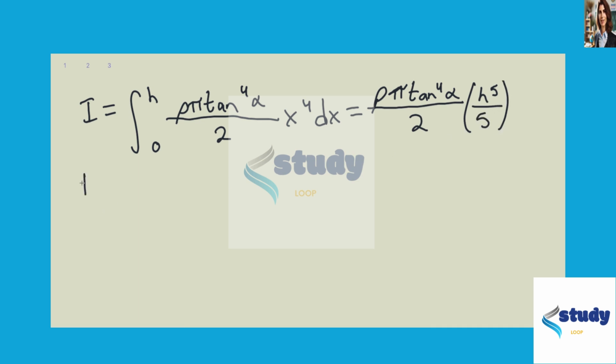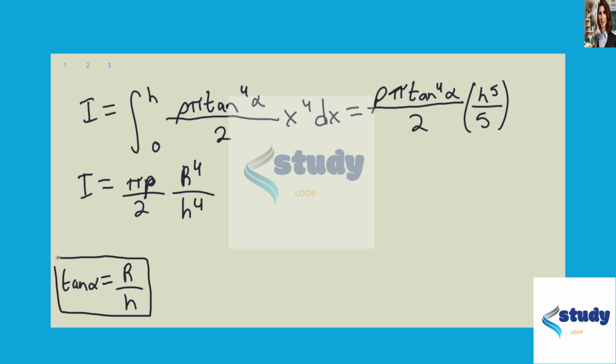And we can say I equals pi rho divided by 2 times r to the fourth over h to the fourth, given that tan of alpha equals r over h. This is from the cone. This is a given from the cone.